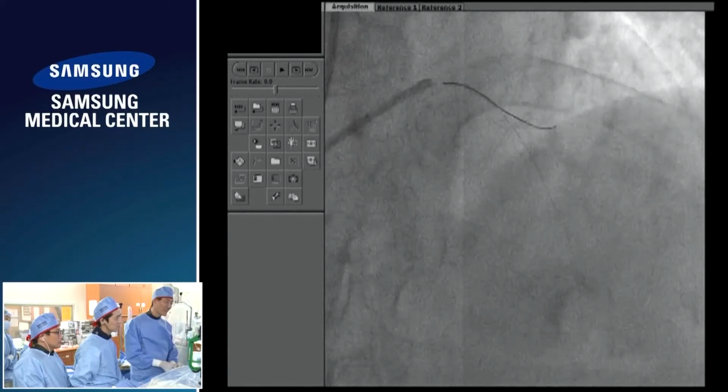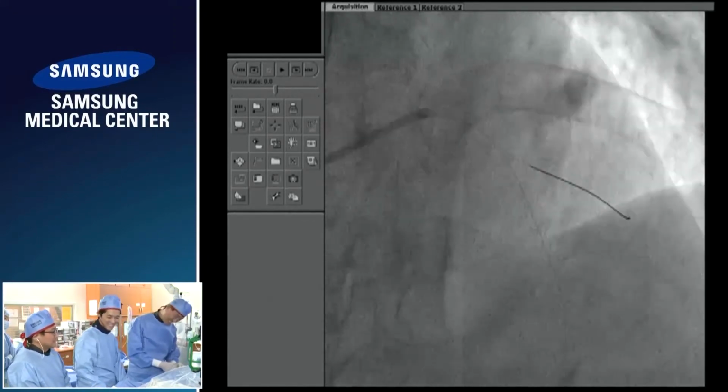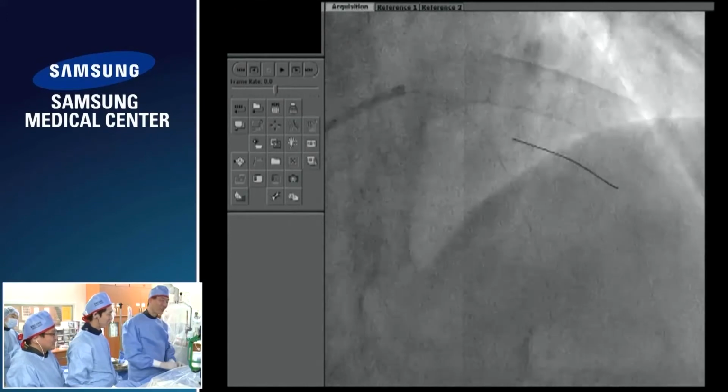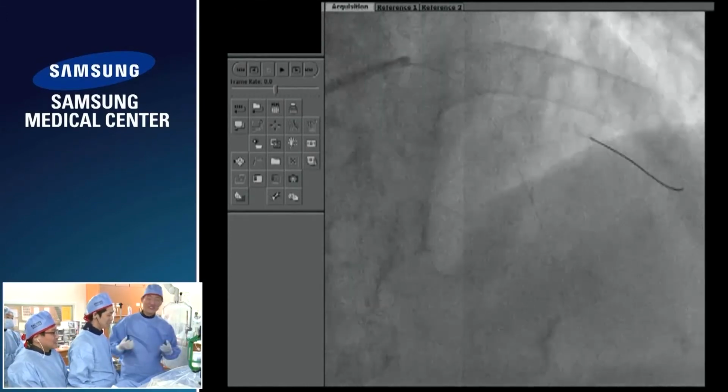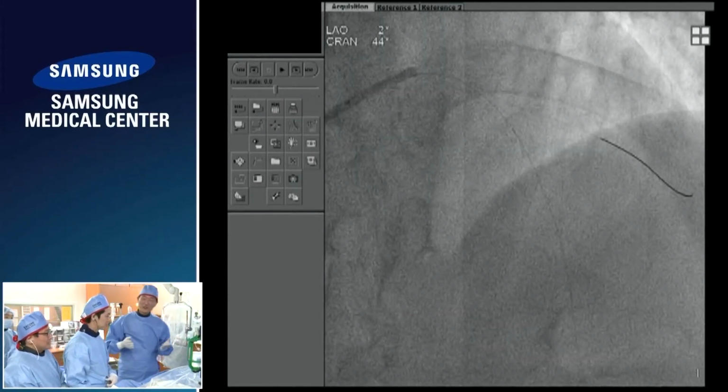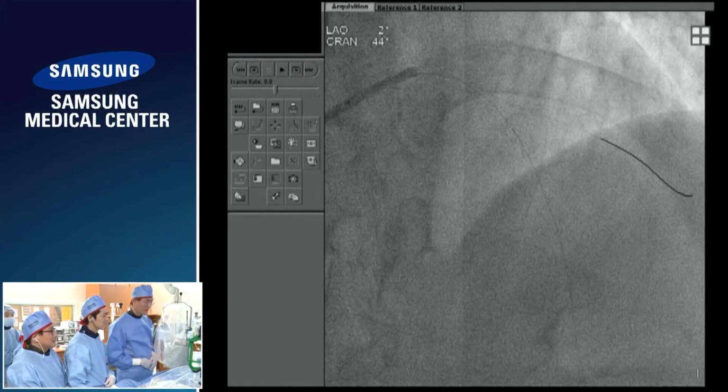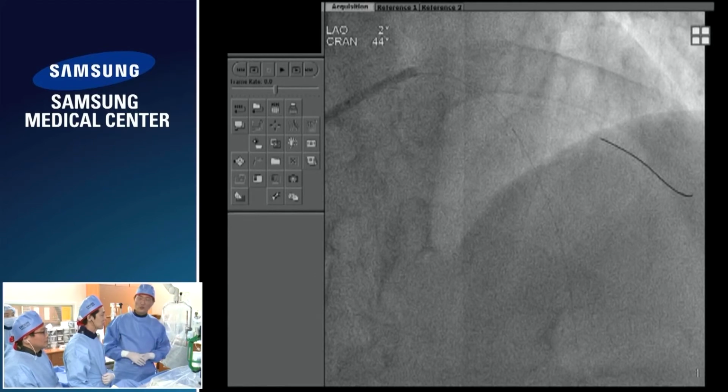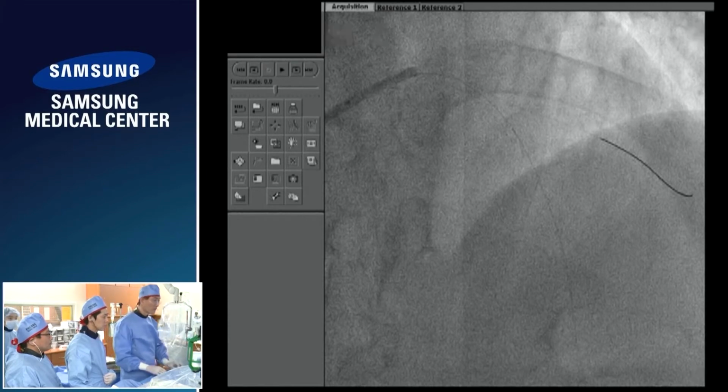Okay, let's finish with this. Theoretically, as distal as possible, in reality, it's not always possible because the width is 0.18 millimeter covering the diagonal.